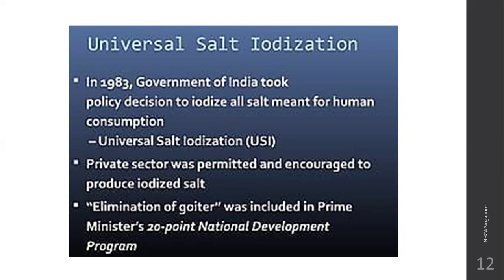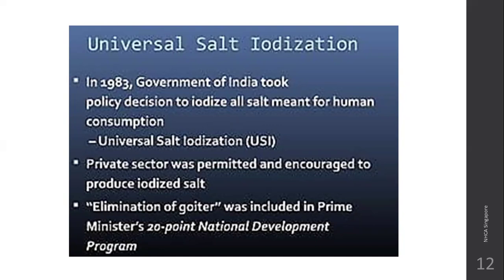So the private sector was also permitted and encouraged to produce iodized salt. And that's why we have Tata iodized salt, Sampurna iodized salt. There are different brands of iodized salt because now the private sector was also encouraged to make salt, fortify it with iodine and sell it.